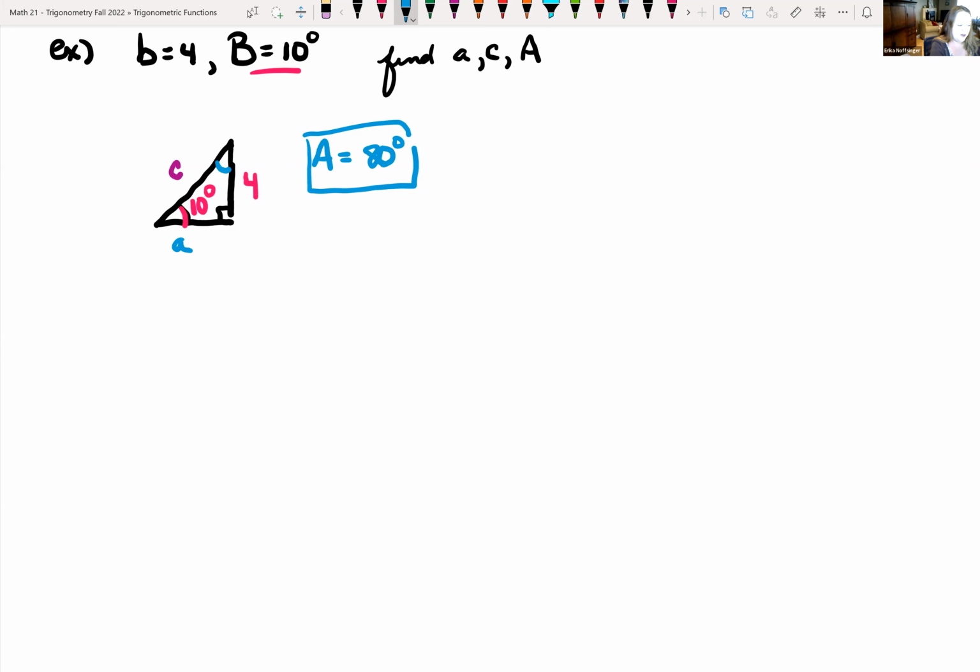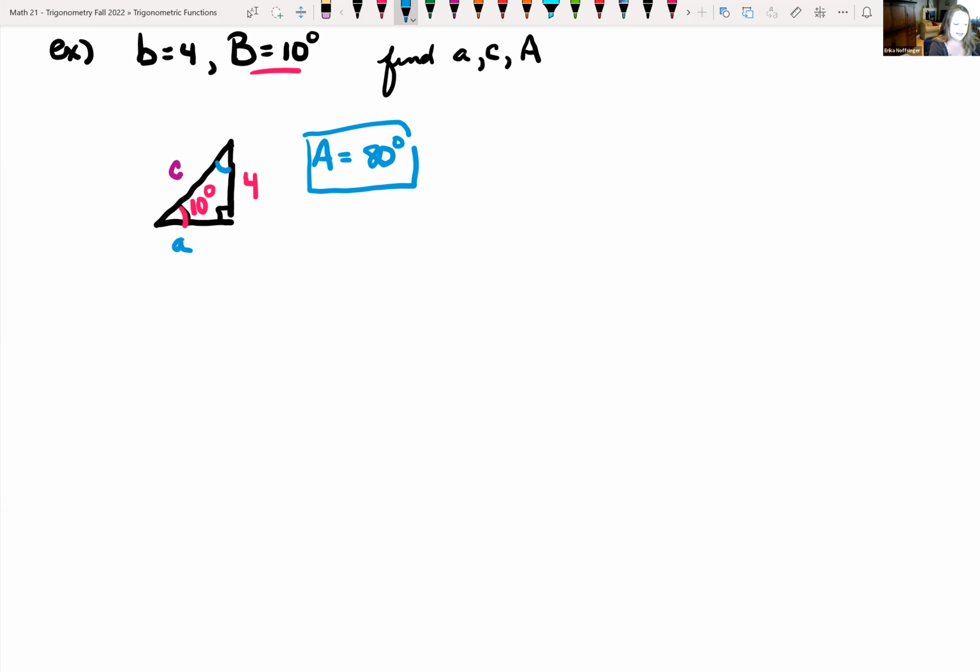Now let's use the 10 degrees, angle B. We want to find the adjacent side and we need to find the hypotenuse. Let's look at the adjacent side. Which trig function? We know the opposite and we want the adjacent. Which trig function uses opposite and adjacent?